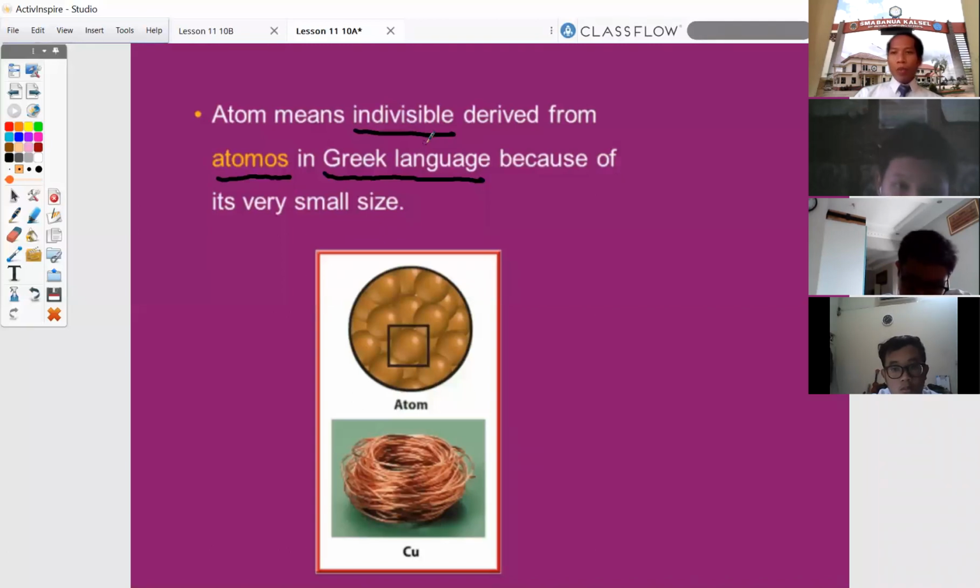But later on, we found out that in the atom, there are subatomic particles also, which are called the proton, electron, and neutron. Later, we are going to see that. But at the beginning, they said that every substance has a very small particle which is indivisible, which you cannot divide. We call that atomos in Greek language. So in English, we call this an atom.